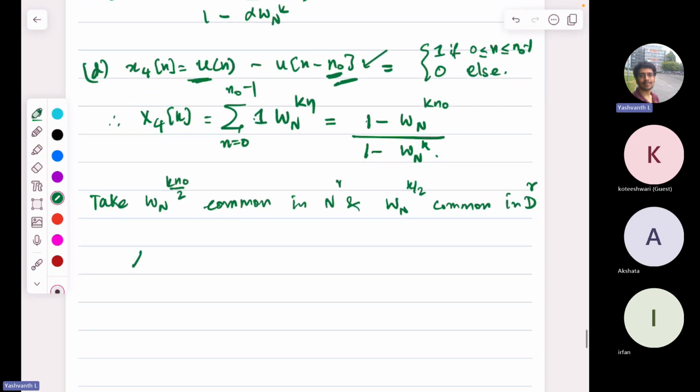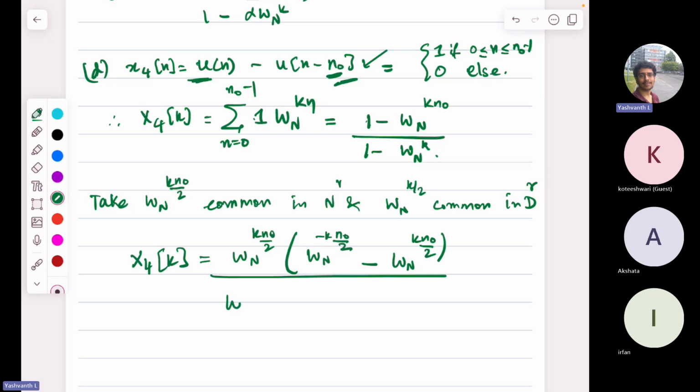By that, you can show that your x4 of k will be basically W_N power k n naught by 2 into (W_N power minus k n naught by 2 minus W_N power k n naught by 2) by W_N power k by 2 into (W_N power minus k by 2 minus W_N power k by 2).